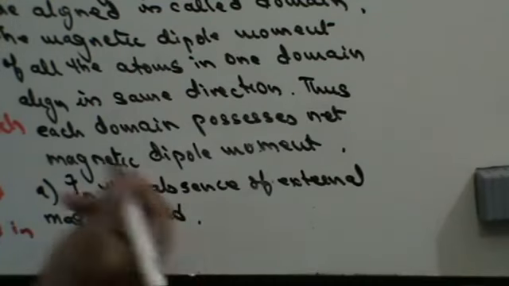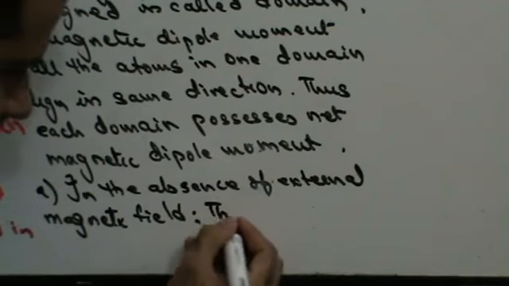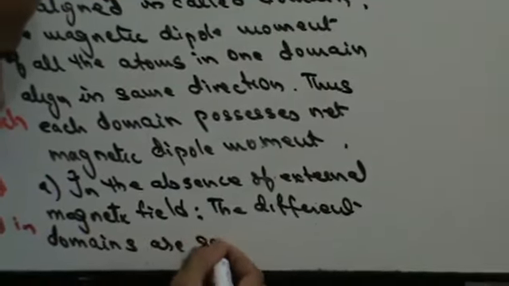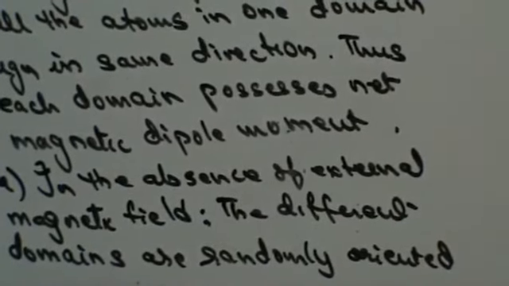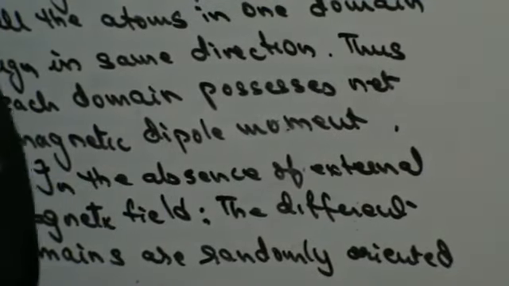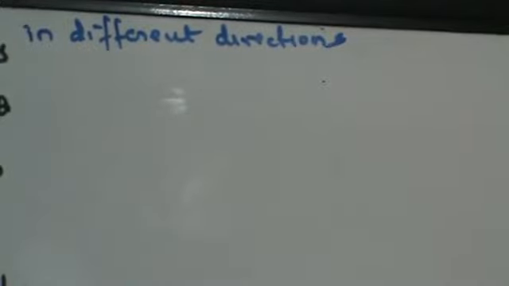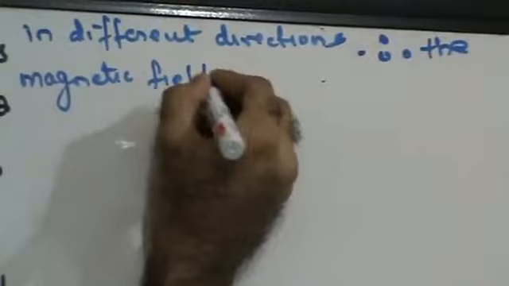In the absence of external magnetic field, the different domains are randomly oriented in different directions, and therefore the magnetic fields of these domains cancel each other.